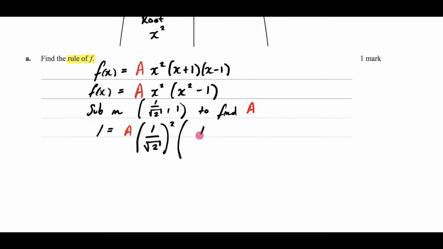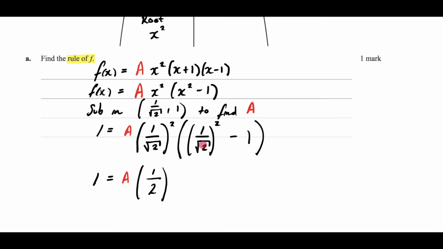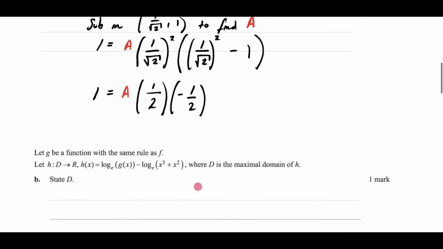Then I'm going to get 1 over the square root of 2, and that's also going to be squared, minus 1, which means I'm going to get 1 is equal to A. The square root of 1 is 1. 1 squared is 1. The square root of 2 squared is just going to be 2. So therefore this is going to be 1 over 2 minus 1, so it's going to be negative 1 over 2. And then we're going to keep on going.